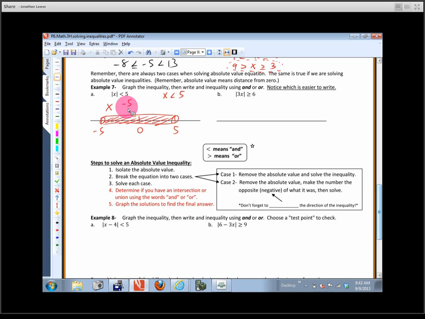Change the direction, right? So this is going to be a greater than -5. And the word that connects those is an and. So it's got to be less than 5 and at the same time greater than -5. So I could write that inequality this way. Notice I could do a pancake flip on this one. -5's down here. +5's up there. And we're talking about the ones in between them.